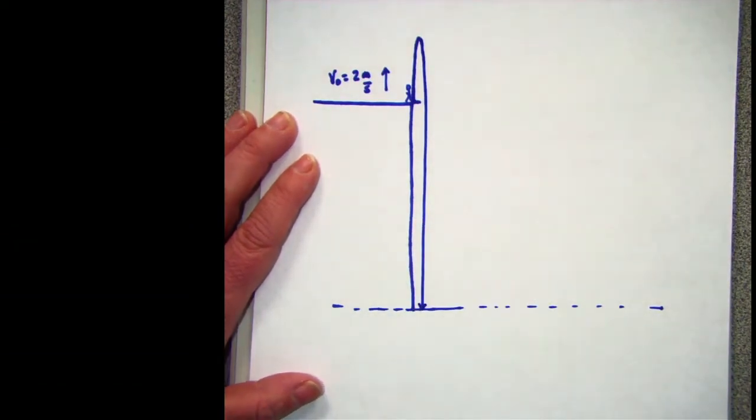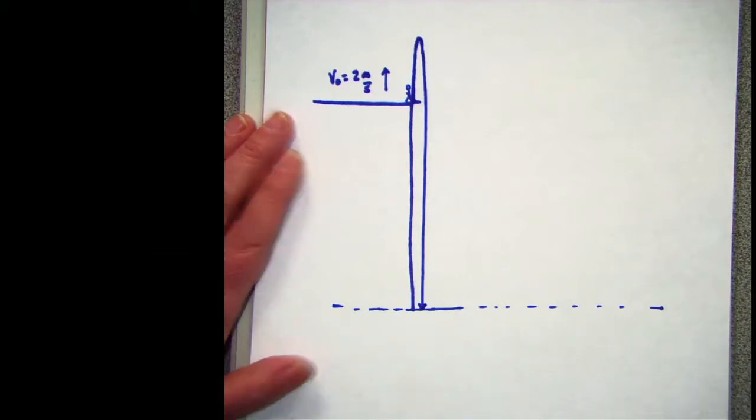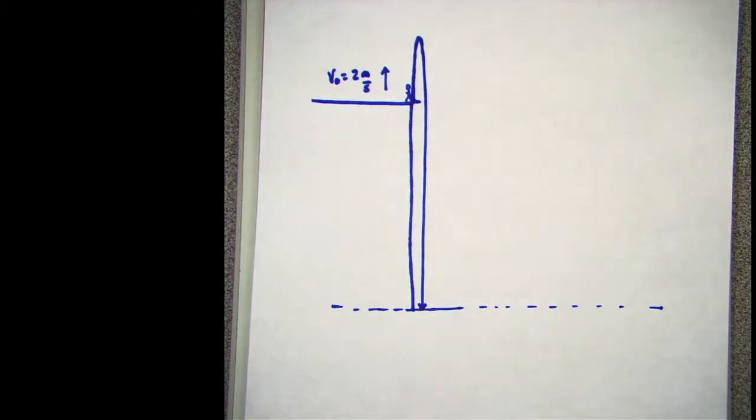We can approximate this as one-dimensional motion. I've drawn it as a little bit of two-dimensional motion, but basically, if I have my hand out over the edge and I toss the ball up and it comes back down, as long as there's not a whole lot of wind, it's going to fall right back straight down in its path. So I'm drawing the picture just a little distorted to be able to see that.